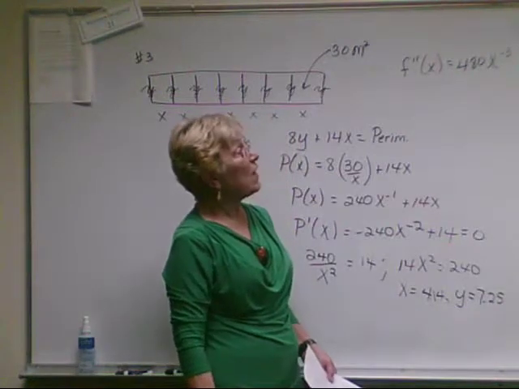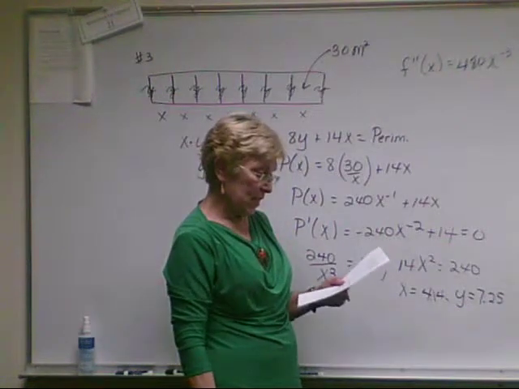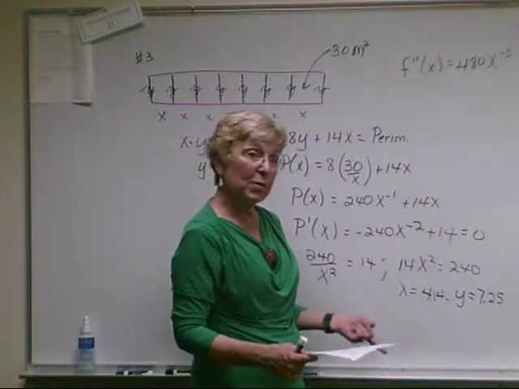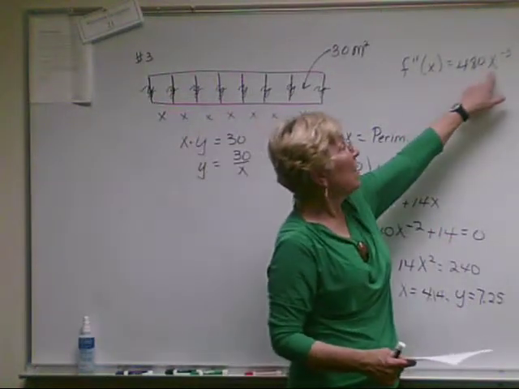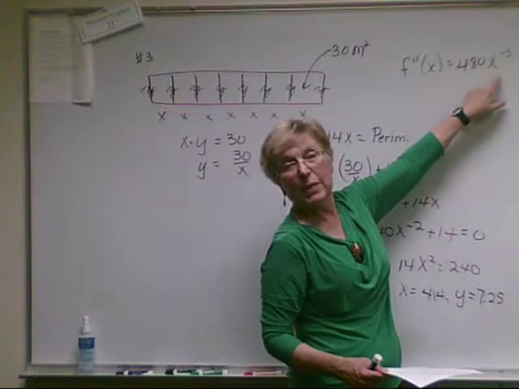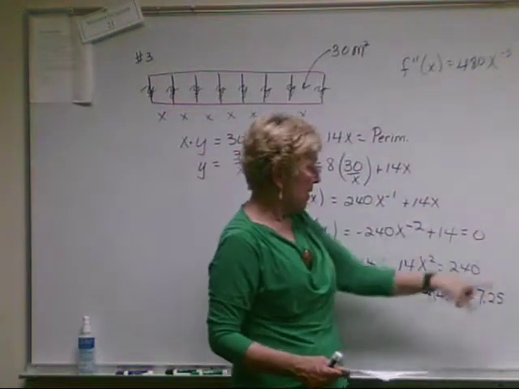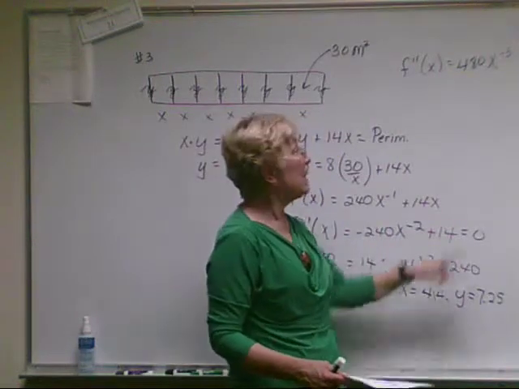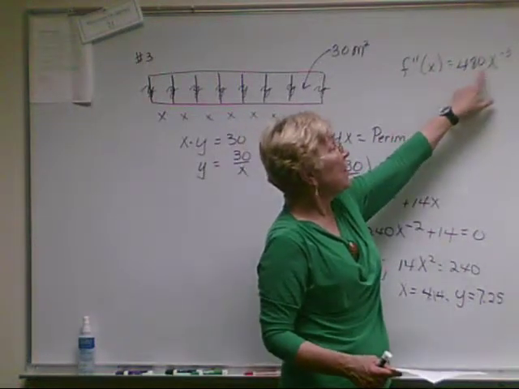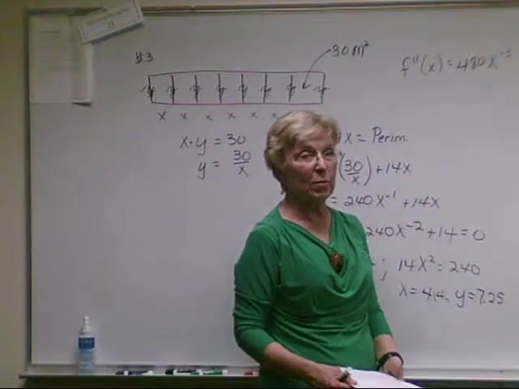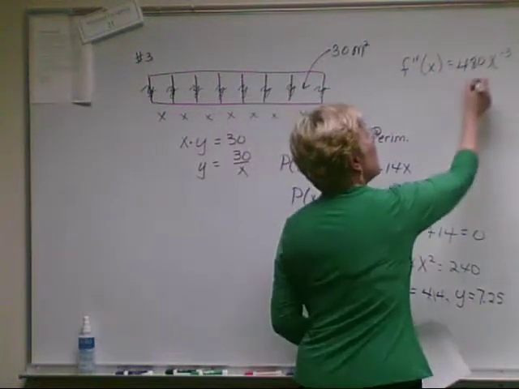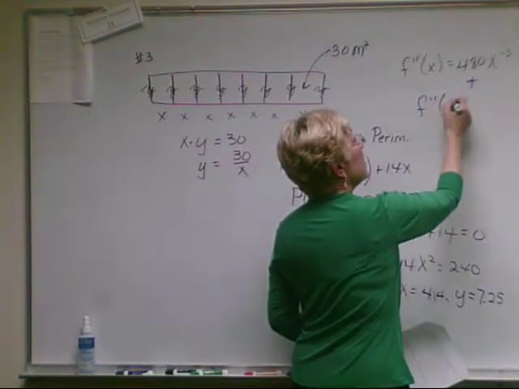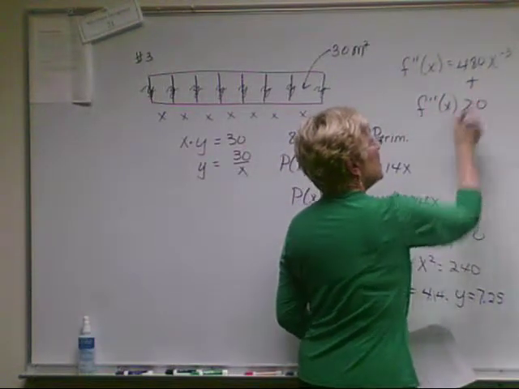And actually, you don't have to plug in any numbers because the numbers you plug in here are going to be cubed in the denominator. And these are positive numbers because fencing is measured in positive numbers. And 480 divided by the cube of a positive number is going to be a positive number. And that means our second derivative is positive.